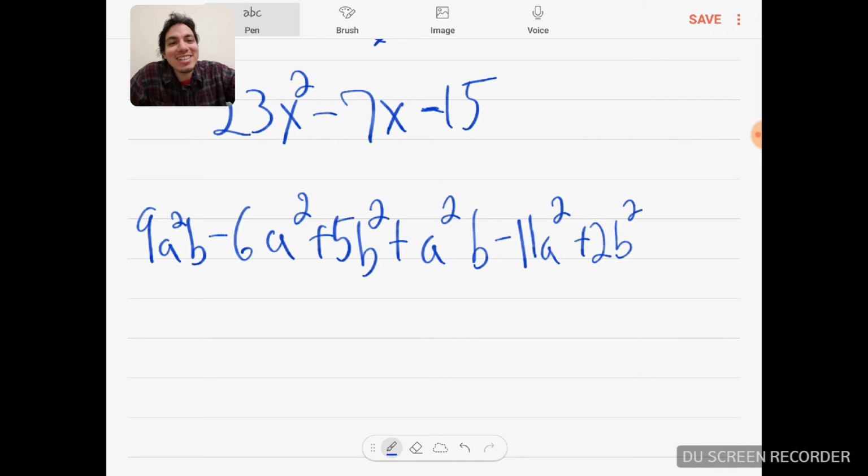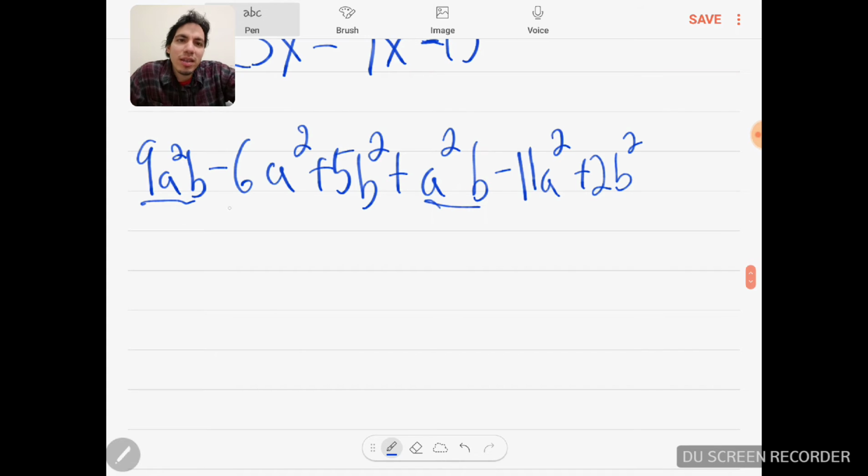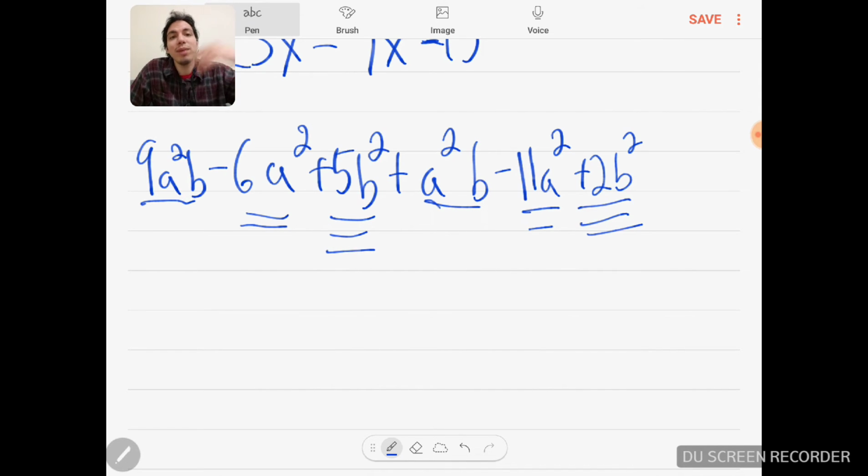So again, it's best to highlight and do things one step at a time or reorder it in such a way that makes sense. So I want to group all the a squared b terms together. So let's say I have this one and this one. So that's one term. Now let's get all the a squareds. So there's this one and this one. What about the b squareds? Well, there you go. You identified each one by highlighting.